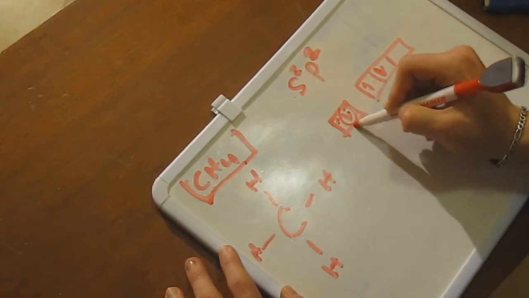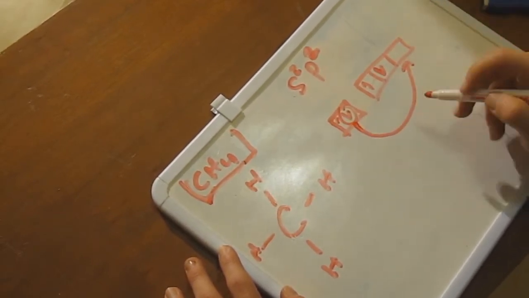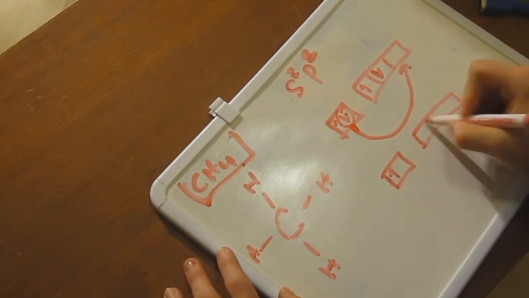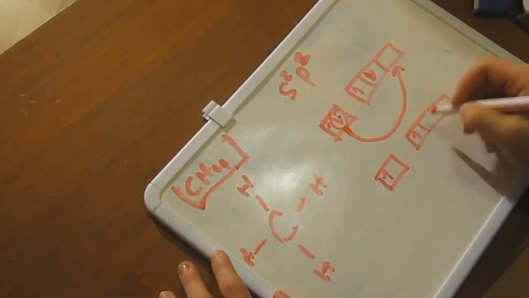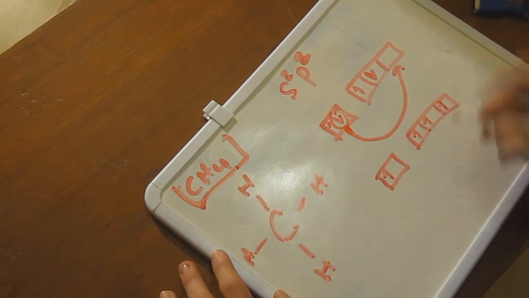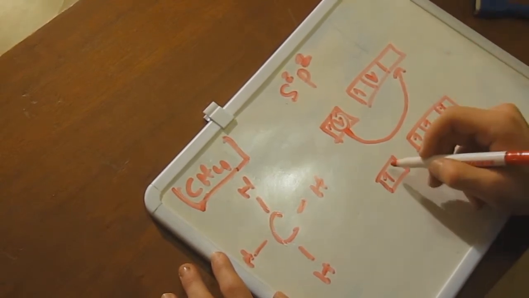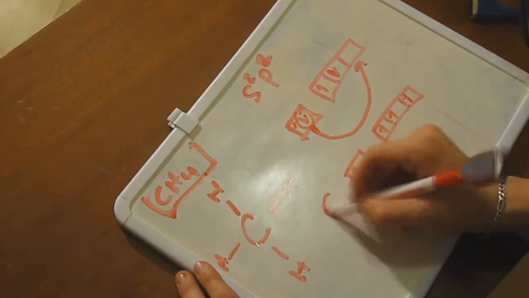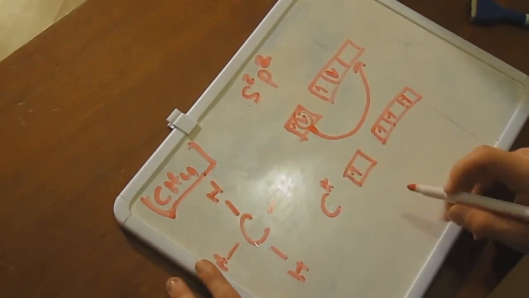So we're going to take this electron and move it over in here. In our final result, we have three electrons, so we can make 4 bonds with the H. We call this the excited state of C.